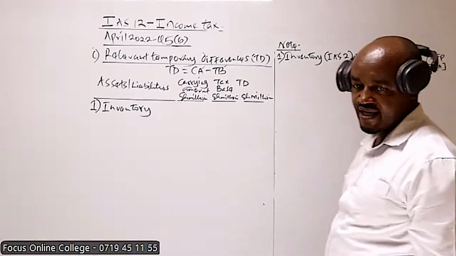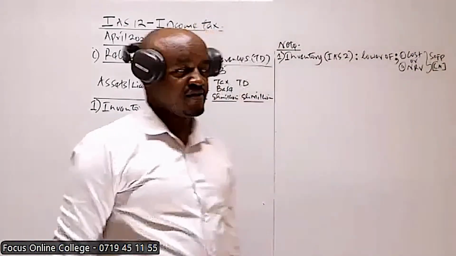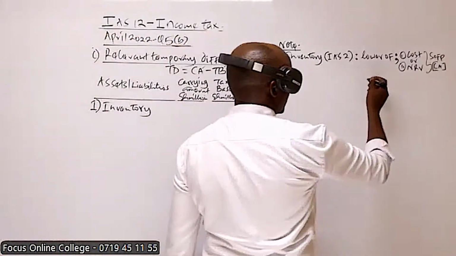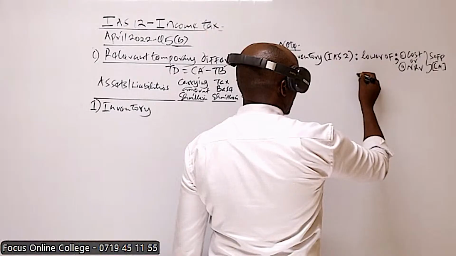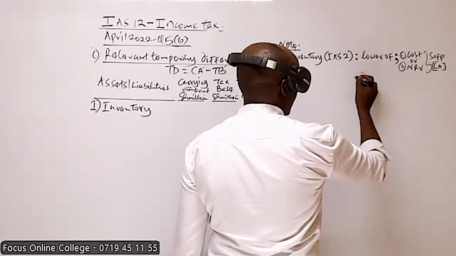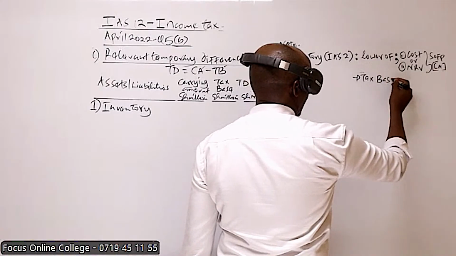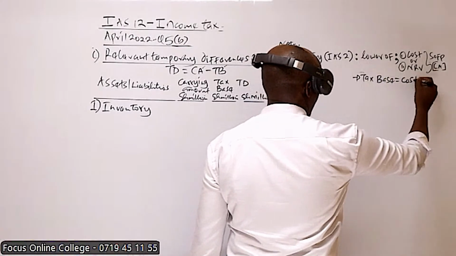In other terms, the carrying amount of inventory is basically the lower of the two. What about the tax base of the inventory? The tax base of inventory is basically equal to the cost.